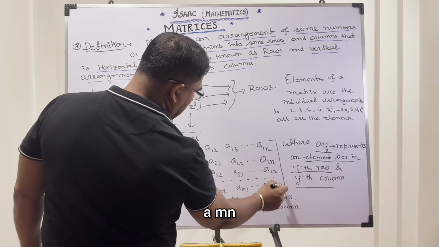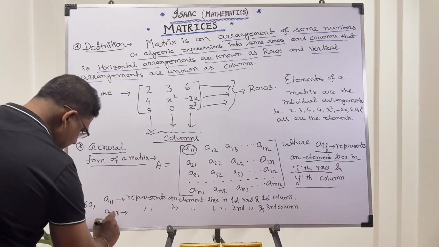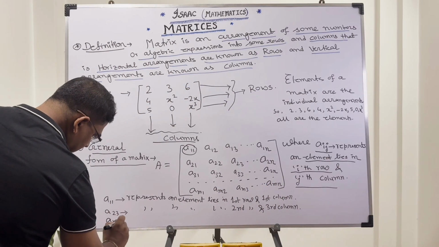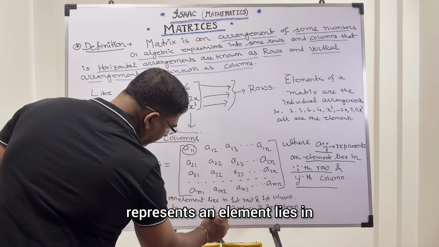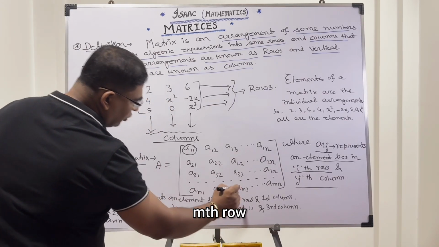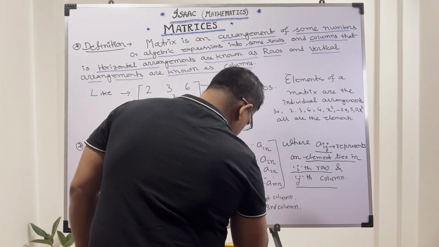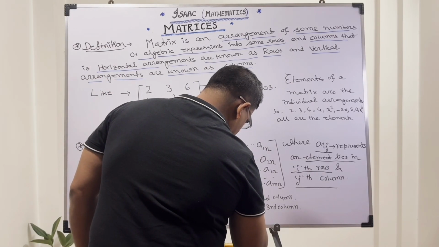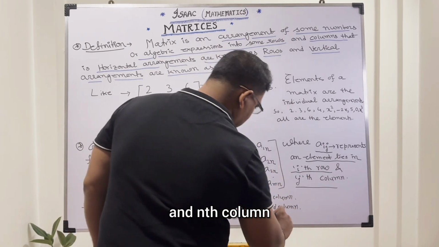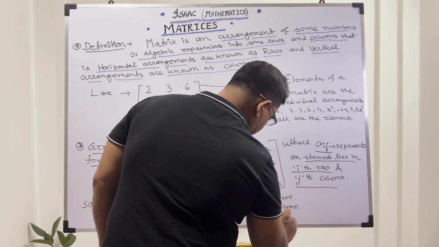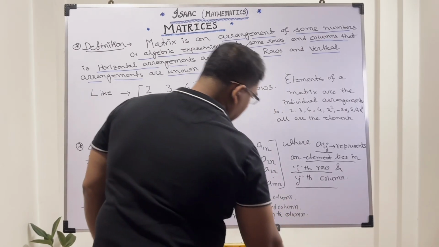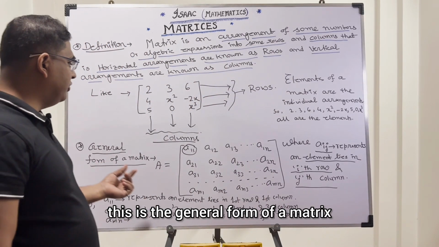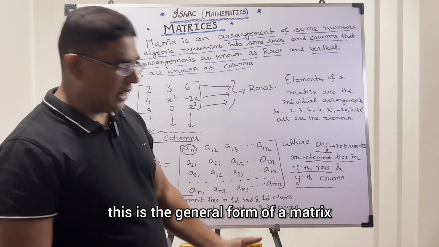Amn represents an element that lies in the mth row and nth column. Okay, so this is the general form of a matrix.